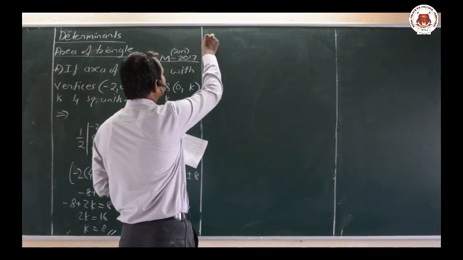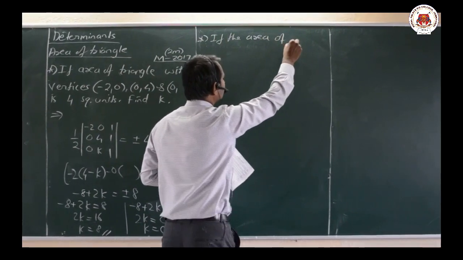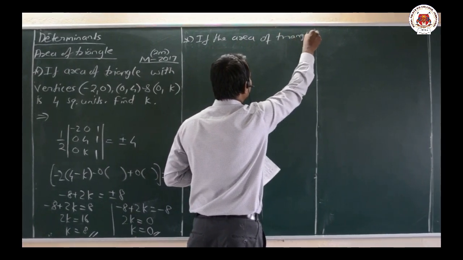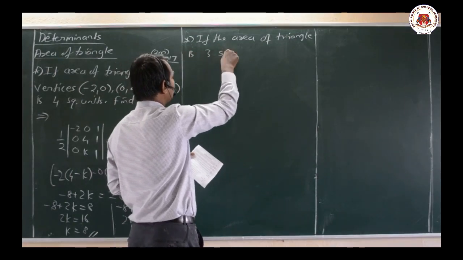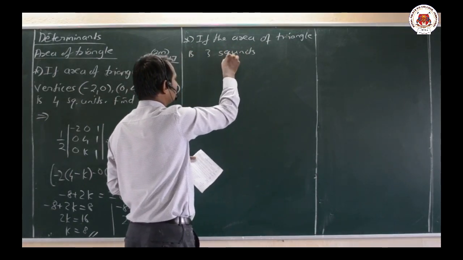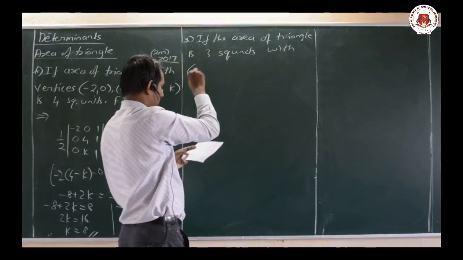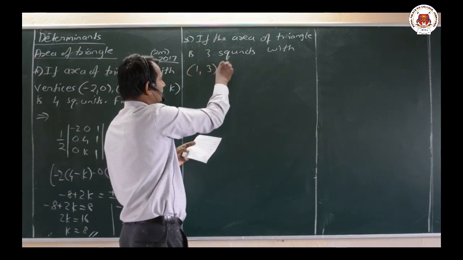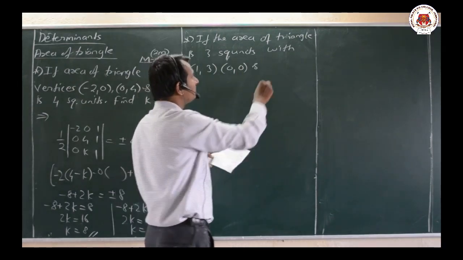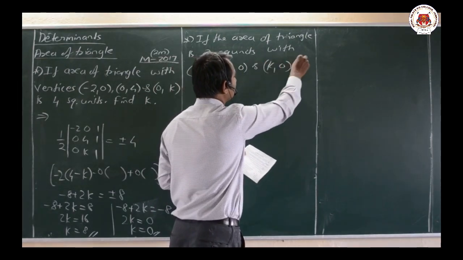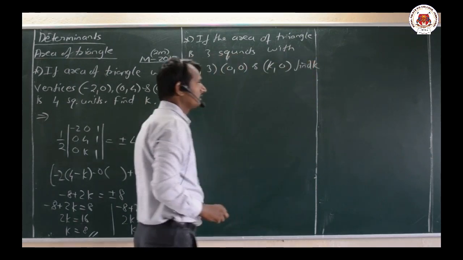If the area of the triangle is 3 square units, with vertices (1, 3), (0, 0) and (k, 0), find k. A very simple problem it is.